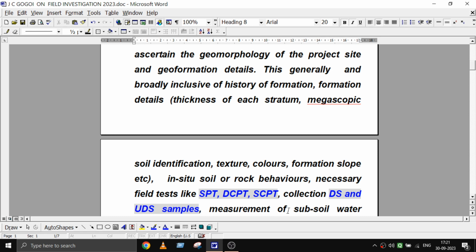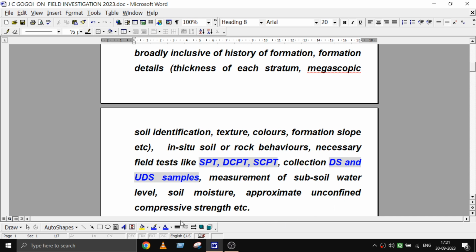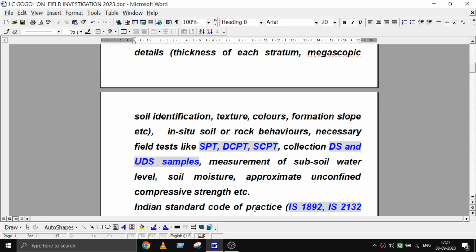These are the basic needs. Further, the measurement of the subsoil water table, that is, a record of subsoil water level, and soil moisture, approximate unconfined compressive strength, etc. have a very important role in further interpretation of test results.